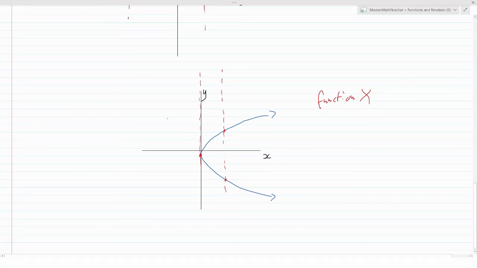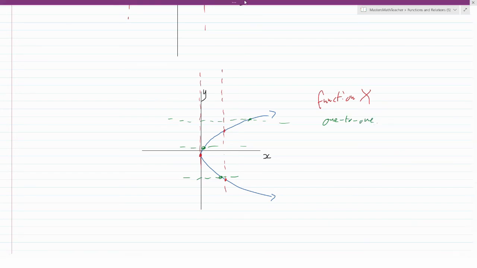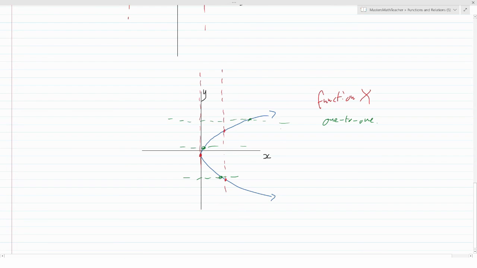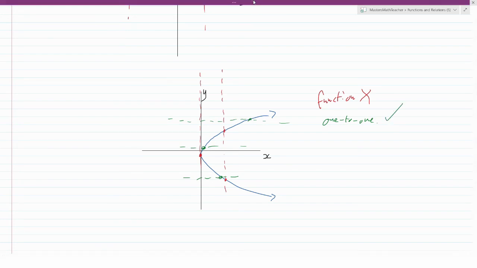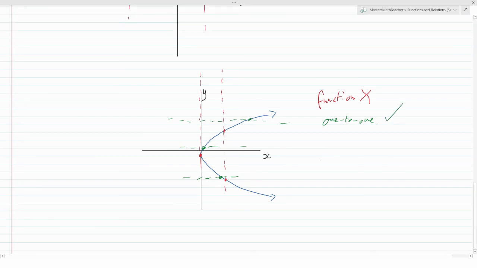However, let's check if it's one-to-one. We check here. Yep. That's good. Check here. Yep. Good. Down here. Yep. We're all good. So it's actually one-to-one. However, we now cannot say that this is a one-to-one function. We can say it's one-to-one, definitely, but we cannot say it's a one-to-one function.